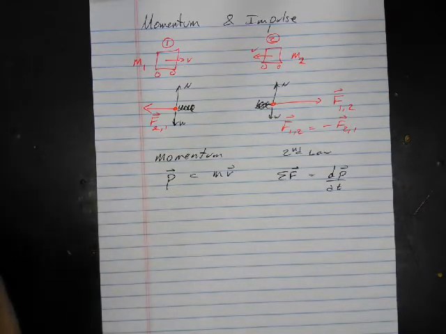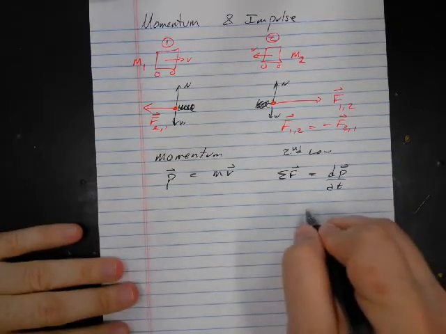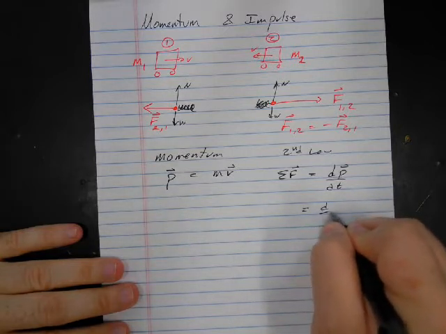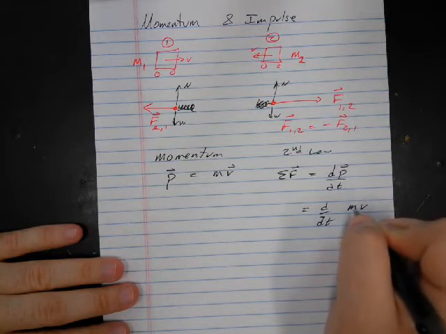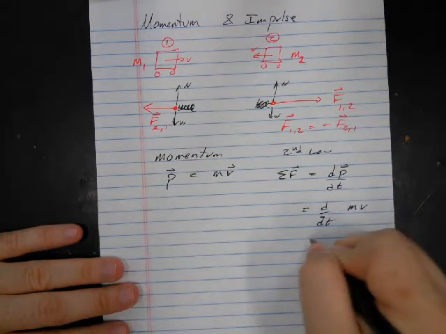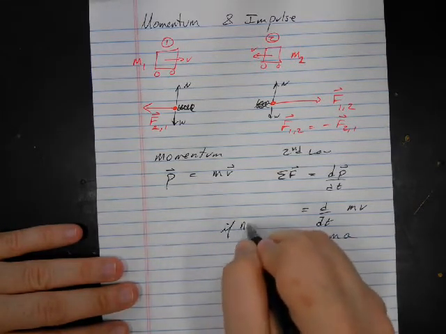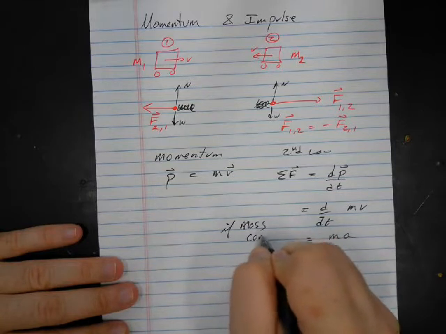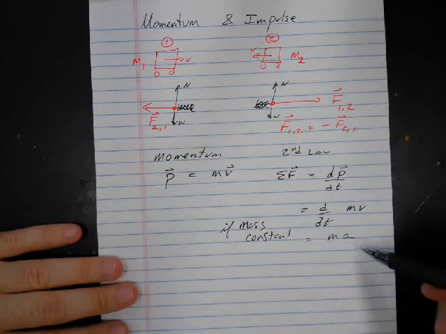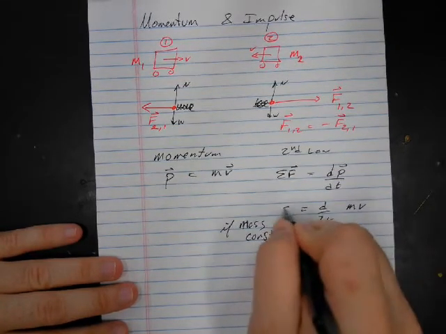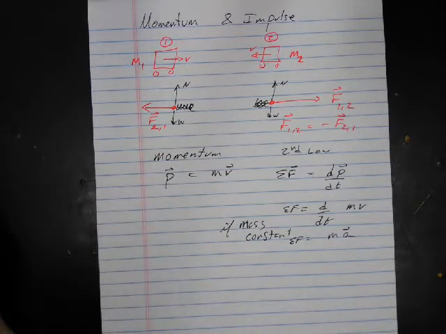Now that doesn't seem like a huge deal here, because normally if I wanted to take this derivative, it would be d by dt of the mass times velocity, and the mass usually doesn't change. All right. With this definition, if the mass is constant, you just get your original F equals ma. But that's not always the case.